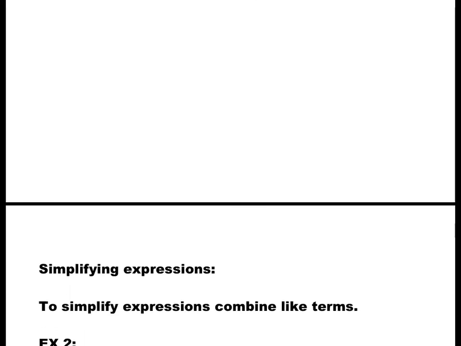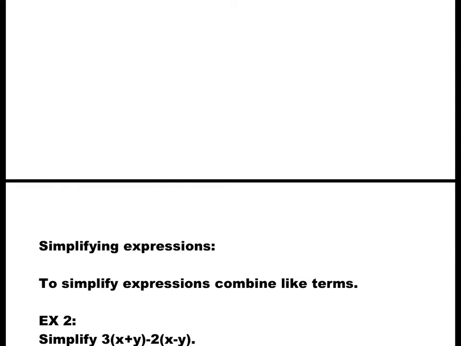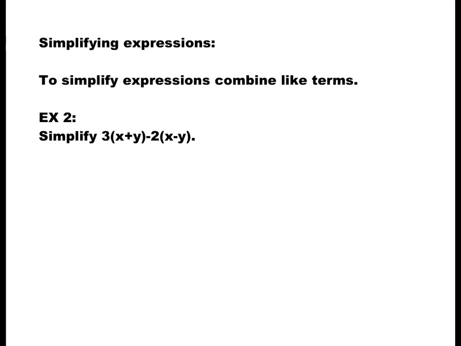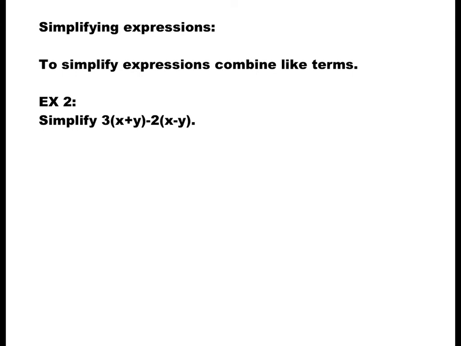The next topic is simplify expression. Again, going back to grade 9, when an expression is given and you have to simplify it, you just combine the like terms. As an example, let's simplify 3 open bracket x plus y, minus 2 open bracket x minus y.